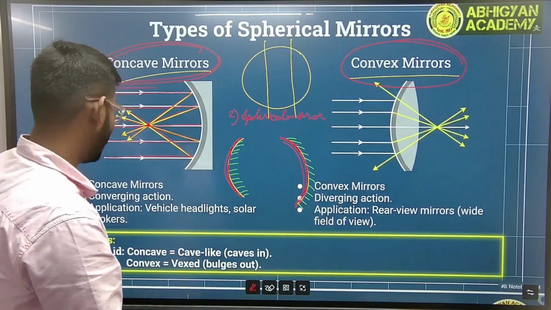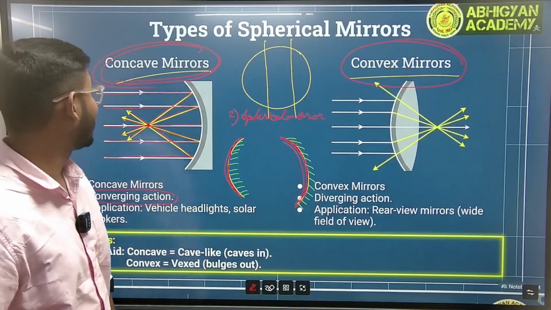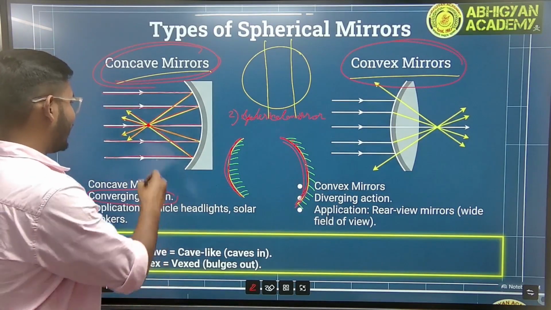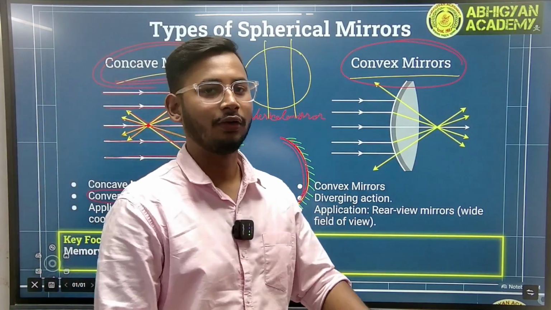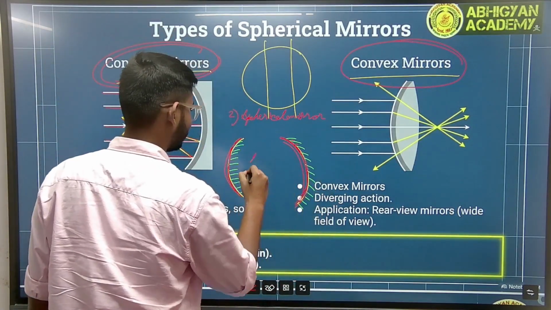So that's why a concave mirror is also called a converging mirror. And the point where the rays coincide or converge is called the focus.